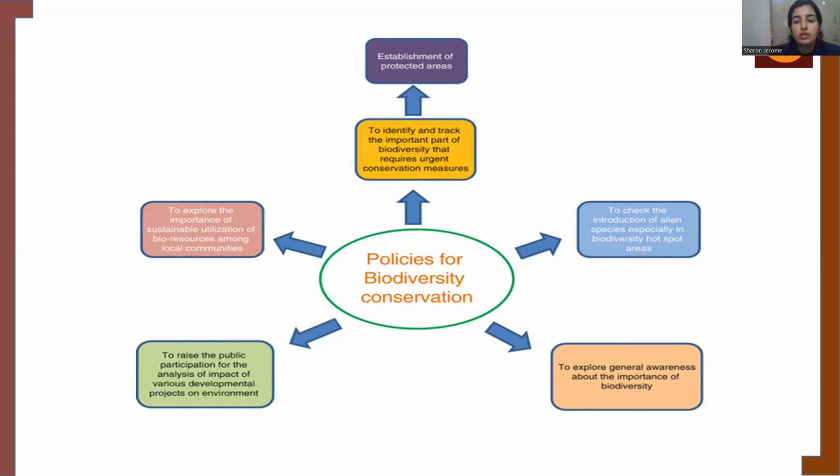Then we need to check the introduction of alien species, especially in biodiversity hotspot areas. When alien species are introduced, it must be done in such a way that it doesn't affect the sustainability of the native organisms present there, and it should be maintained. There must be a balance.